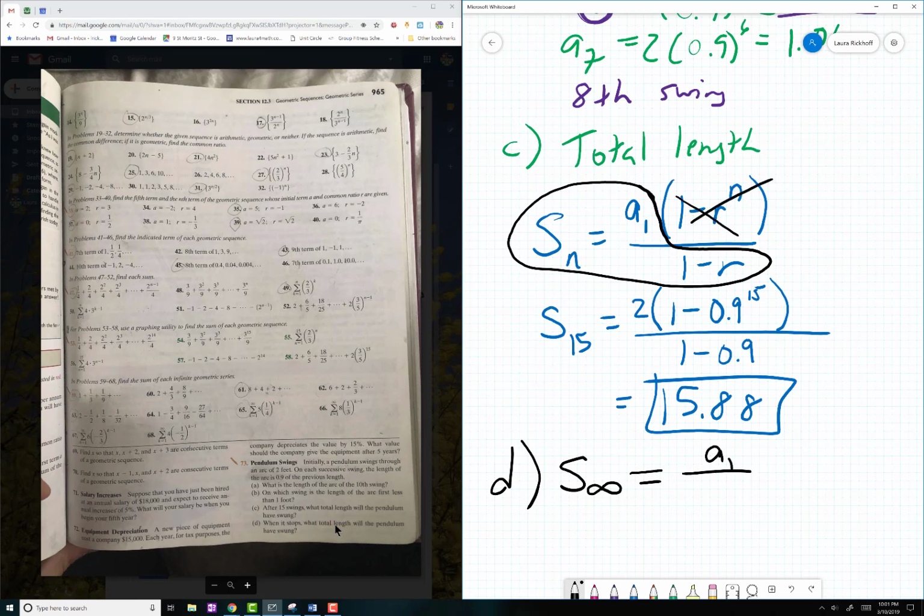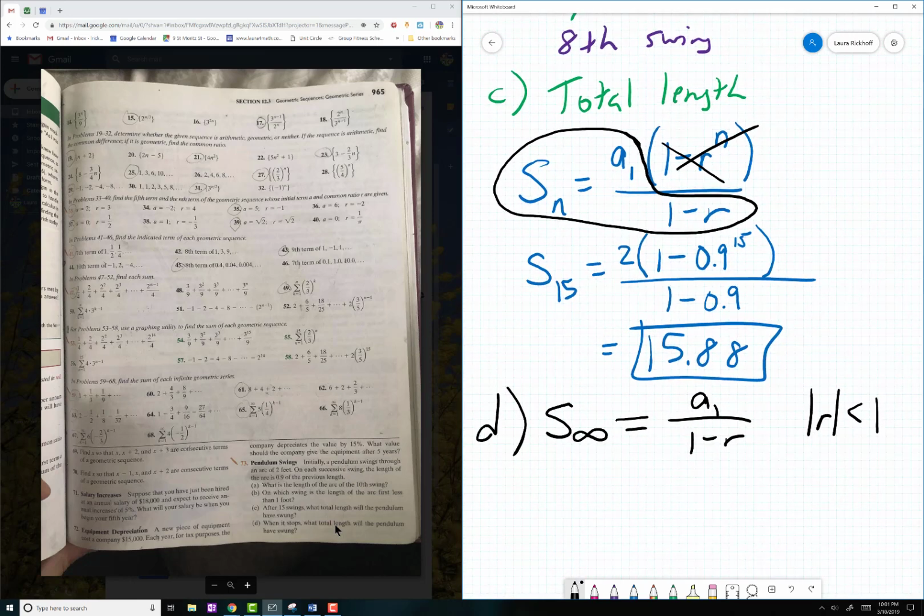So it's just a sub 1 over 1 minus r. The formula is easier, but it only works if you're multiplying by a number less than 1. If you're just getting bigger, there's no way you're going to add up to anything pretty. So we're just going to plug that in, just 2 over 1 minus 0.9. So 2 over 0.1 is 20. And that's that guy.